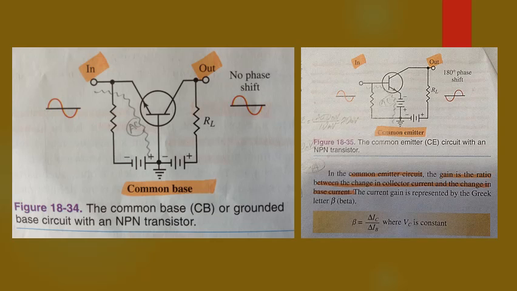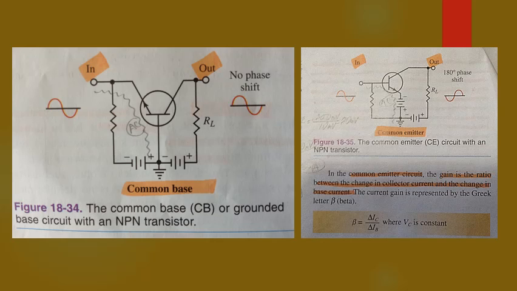In the common emitter circuit, the gain is the ratio between the change in collector current and the change in base current. The current gain is represented by the Greek letter β, or beta. The formula is shown at the bottom of the right side of the screen. In this equation, beta equals current gain in common emitter circuits.